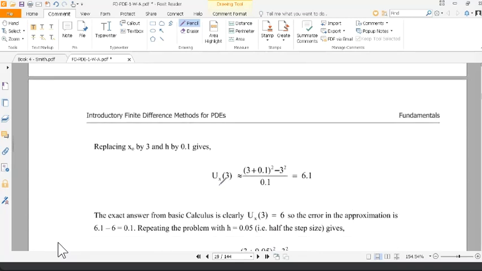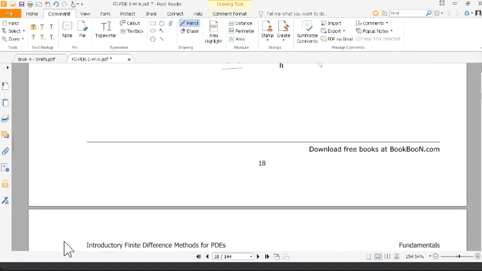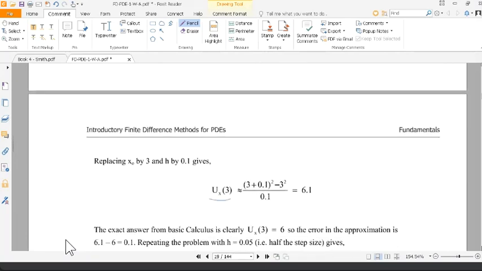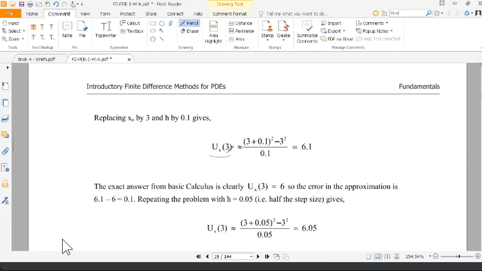Then we have u_x, meaning the first derivative of u at 3. It is sufficient to put x0 equal to 3, okay? u_x at 3 is ((3 + 0.1) power 2 minus 3 power 2) over 0.1.